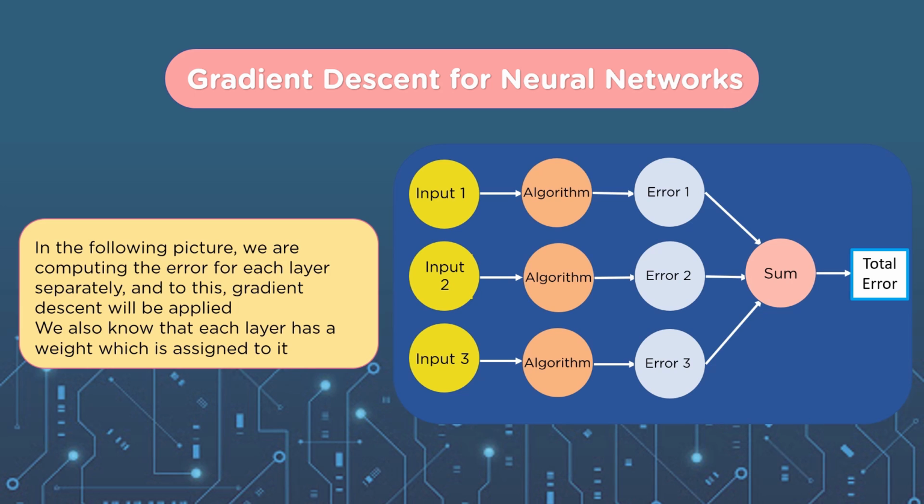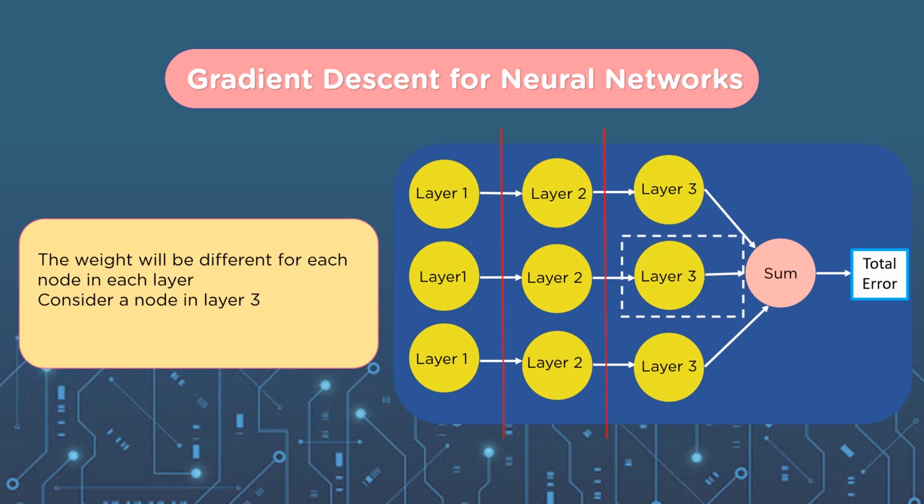You use the error from those algorithms to program each one of those nodes. One of the things they're not showing here is each input goes to each one of the nodes to sum it. So in this particular image, the sum would be a single node. And then you have your layers. Each layer goes into the lower layer and so forth until you sum them up and you get a total error on the end. The weight will be different for each node in each layer.